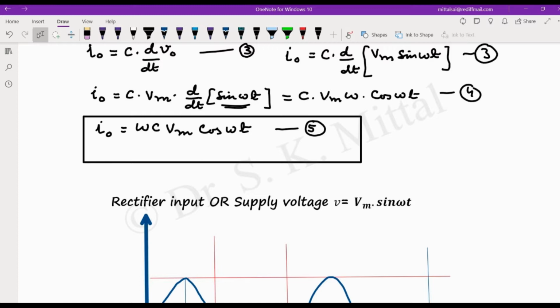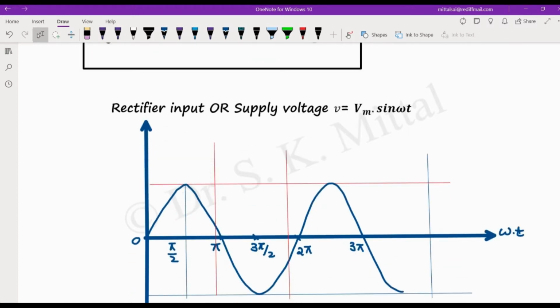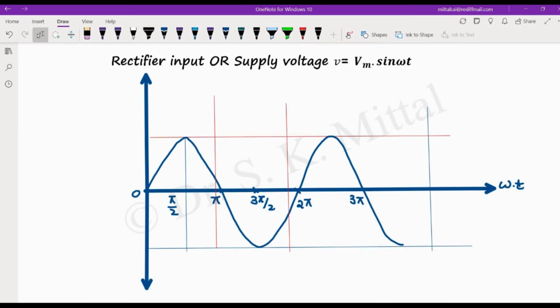If you want to draw the waveforms, this is the rectifier input or supply voltage waveform, which is represented by V is equal to Vm sin omega t. We know that the maximum output voltage is obtained at omega t is equal to pi by 2.